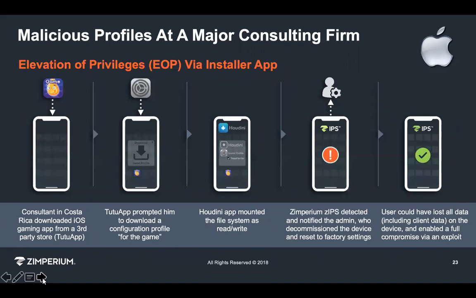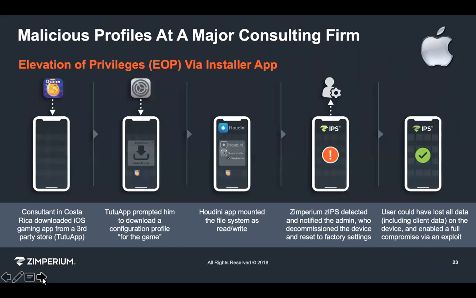As a part of the installer, it elevated a profile, and it also did this app called Houdini, which started because the profile now had some elevated privileges. It actually was able to read write all the file stuff. And again, had we not detected it and let people know about it, that data was going to another foreign country. So profiles are a real issue, and we're going to be talking more about profiles in upcoming webinars as well.